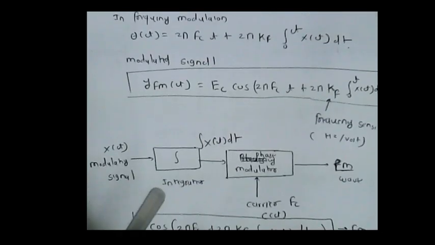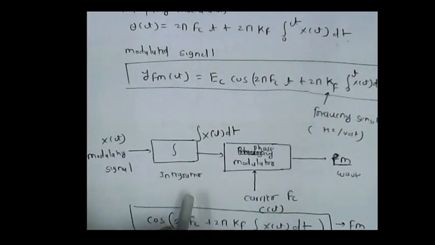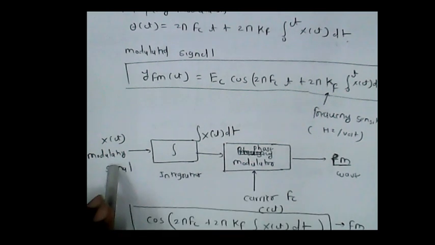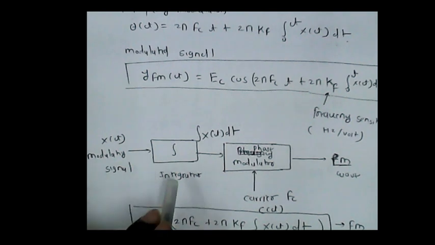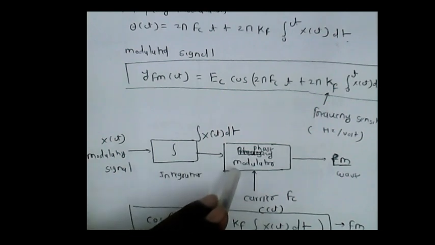So how to generate this frequency modulated signal? Here we use an integrator and then a phase modulator. The modulating signal, which is x of t, is applied to the integrator. Over integration we get the integral from 0 to t of x of t, which is applied to the phase modulator.